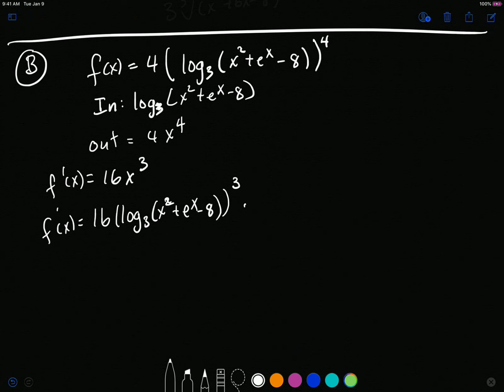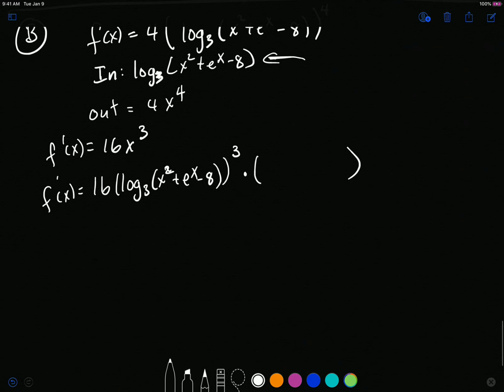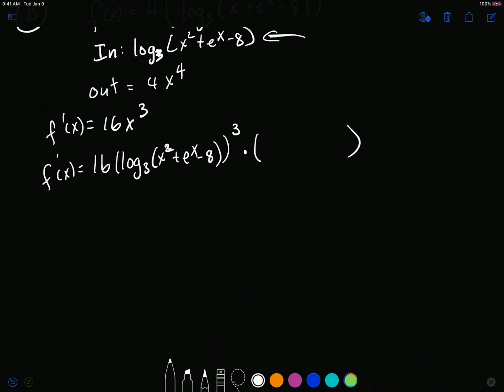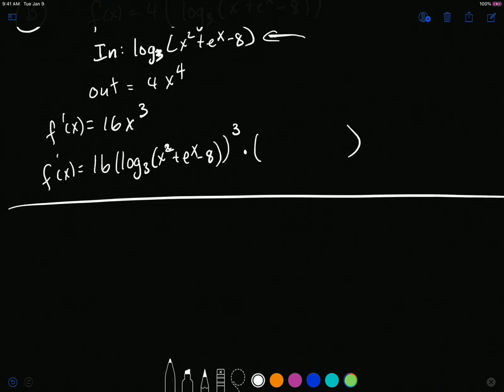But now I have to multiply by the derivative of the inside function, and the derivative of the inside function right here is itself a composite function. And so I have to basically restart the process just looking at the inside function. The inside is x squared plus e to the x minus 8.